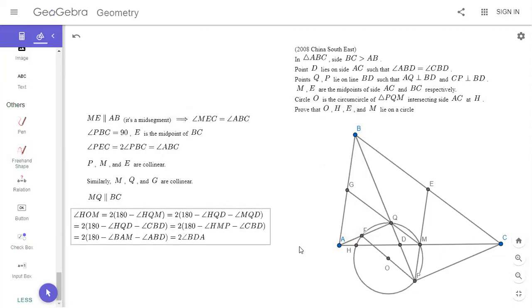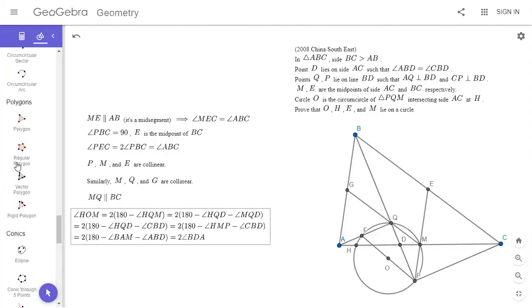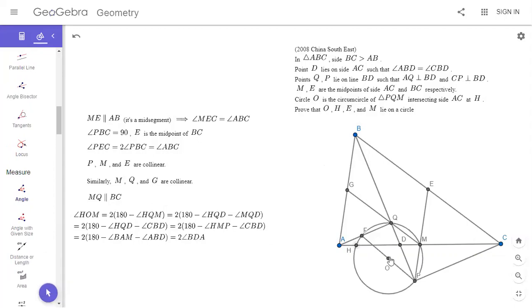Is that right? Let me just check that. Where's my measurement? So angle HOM is 135.6. BDA is 67. That looks double, I think. 67 point, yeah. Okay. And then HEM, you're saying we can calculate.